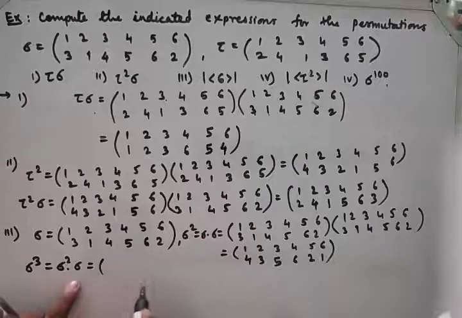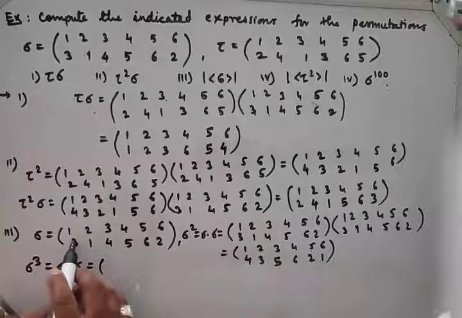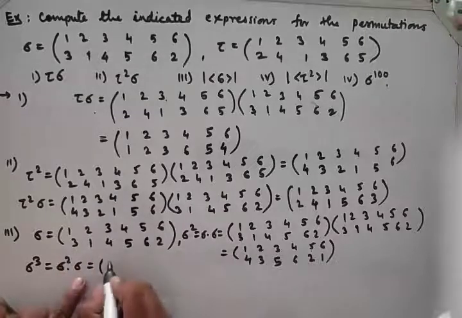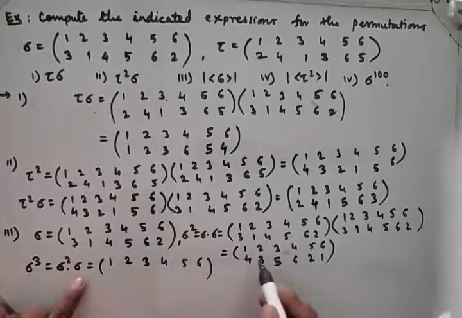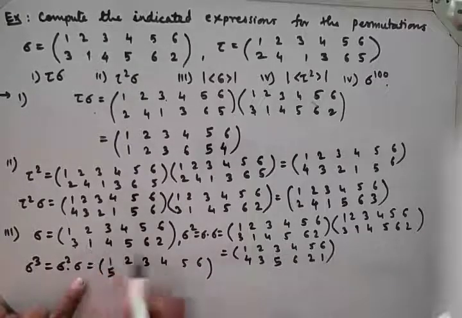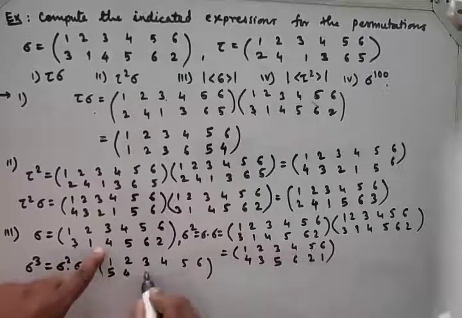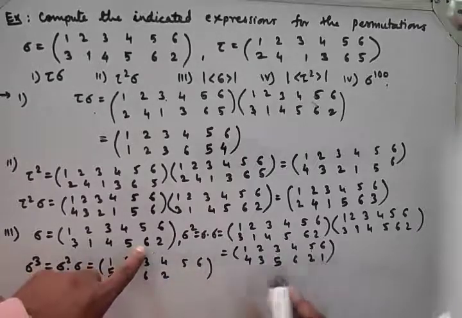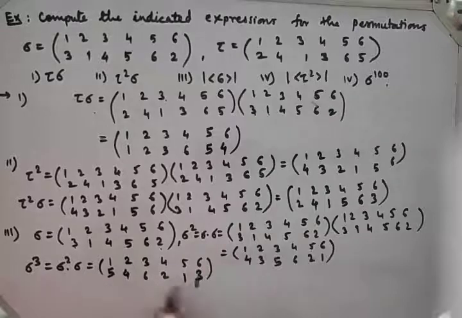First apply sigma, then sigma square. 1 goes to 3 and 3 goes to 5. 2 goes to 1, 1 goes to 4. 3 goes to 4, 4 goes to 6. 4 goes to 5, 5 goes to 2. 5 goes to 6, 6 goes to 1. 6 goes to 2, 2 goes to 3. So this is again not an identity, right?